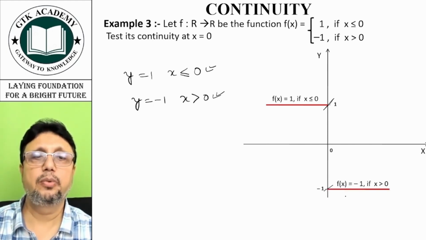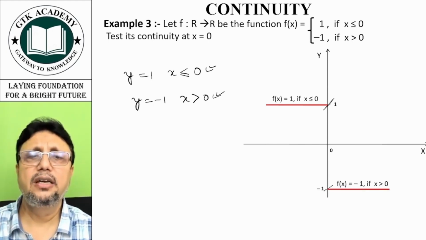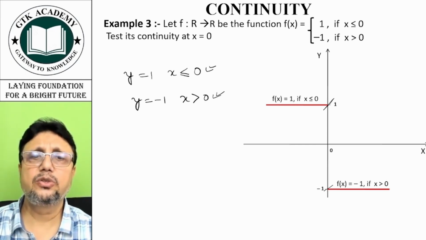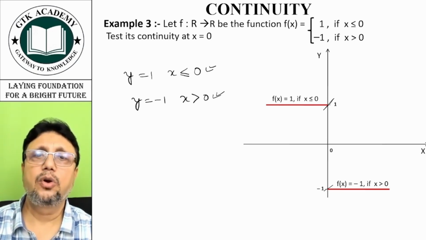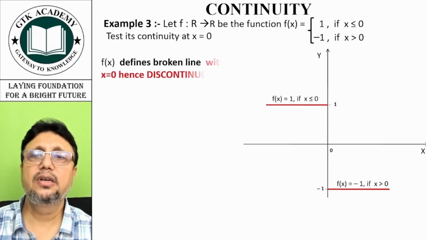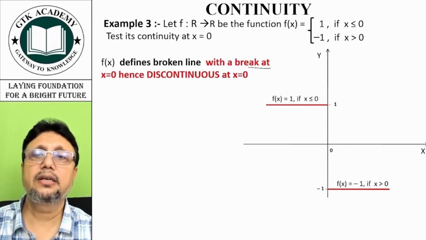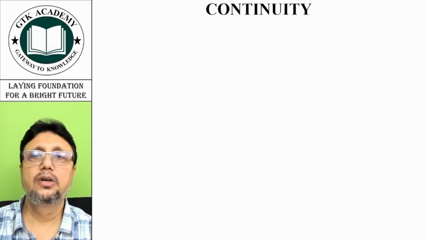It starts from this place. So you can see clearly this is also a discontinuous function, because if you draw this function, it defines a broken line with break at x is equal to 0, hence it's a discontinuous function.